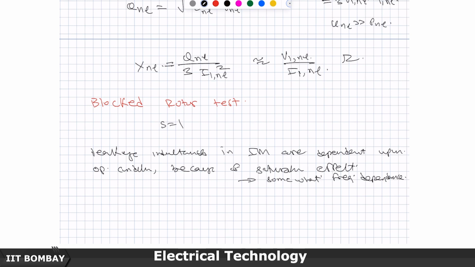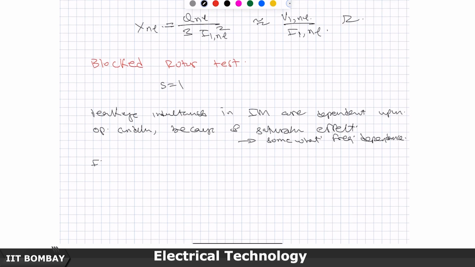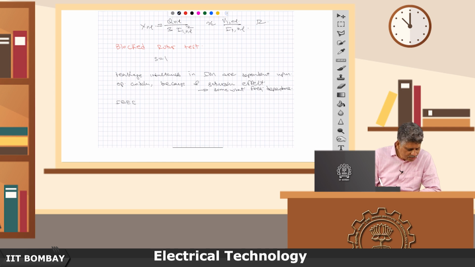So, there is IEEE standard 112 which deals with this, and it suggests that the blocked rotor test frequency can be 25% of the rated frequency.